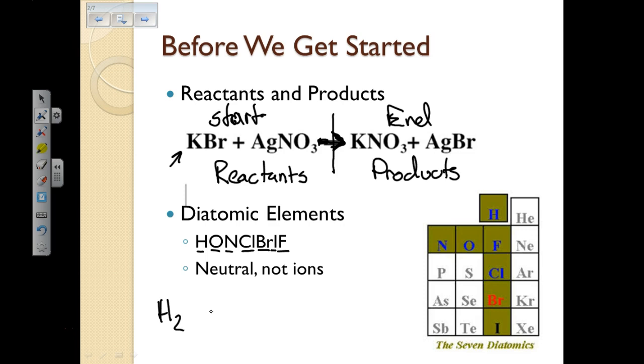If we have oxygen, you may remember from biology, oxygen is O2. Okay, it's not O. And so we need to know this because when we write reactions out, we may have to write oxygen gas or bromine liquid, and that's Br2. So I remember this by saying Honkelbrief.